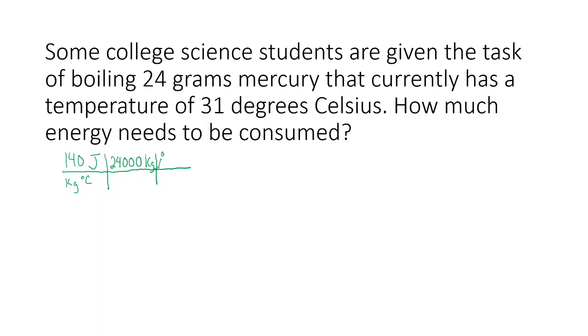I also want to find the change in degrees Celsius. Please don't put 31 in there. We want to boil this, so we need to find out how many degrees it takes to boil it. So the change in degrees Celsius from the 31 degrees that we start at to go up to the 357 degrees, which is the boiling point, which I also found on that little chart that I gave you.